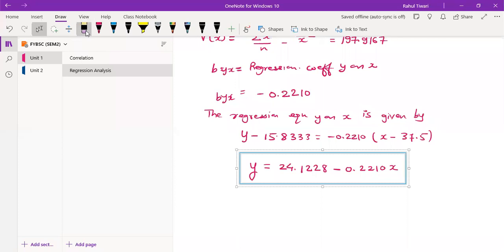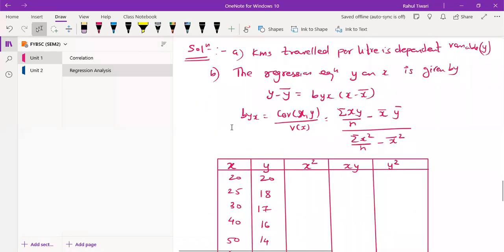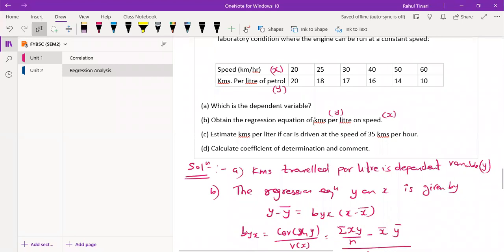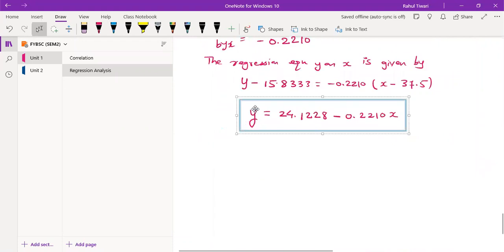Yes, sir. What was your question? Obtain the regression equation of kilometer per liter on speed. So this is the equation, where y is your kilometer and x is your speed. Now go to part C.